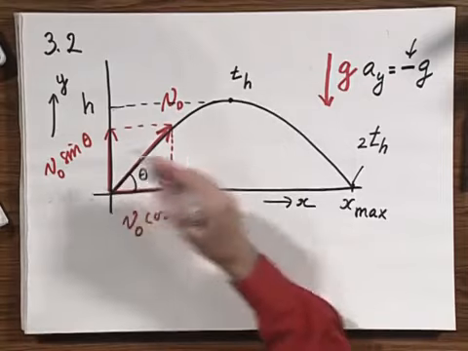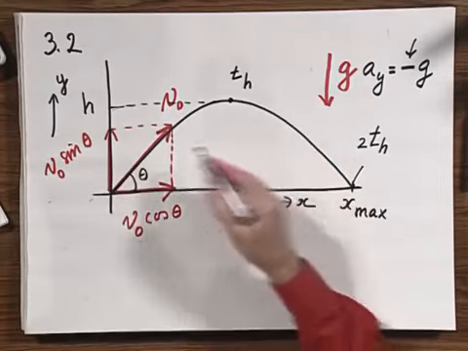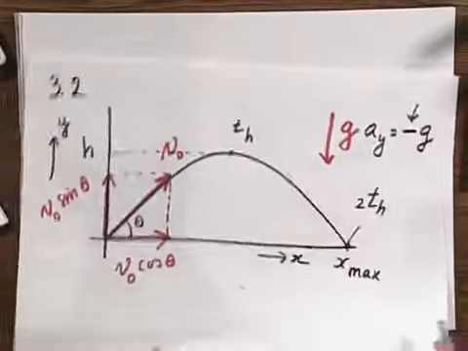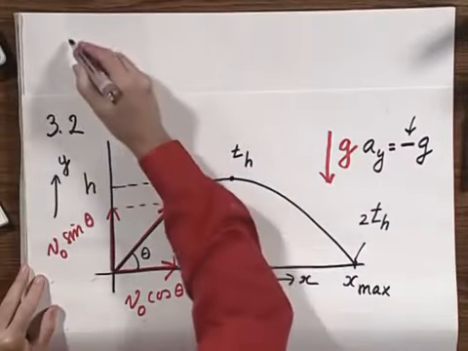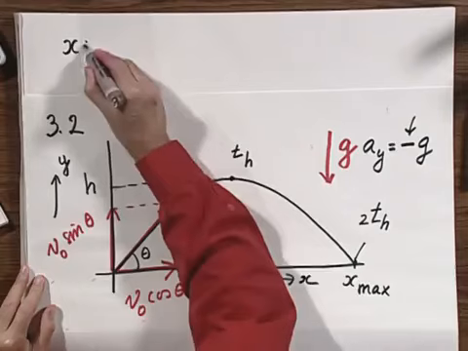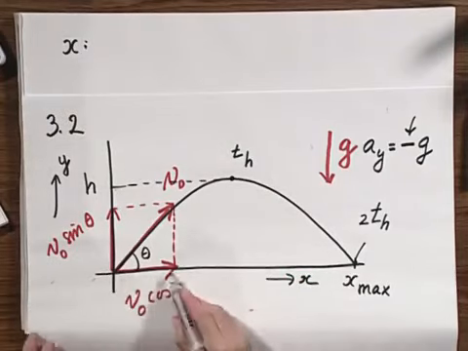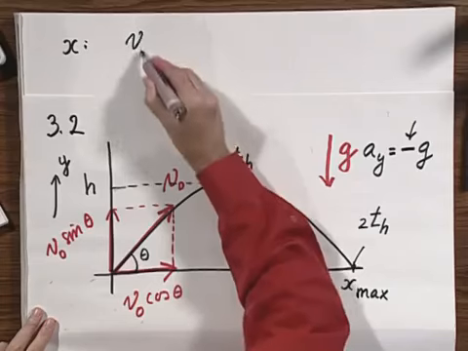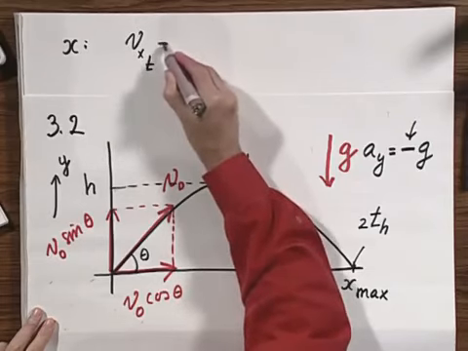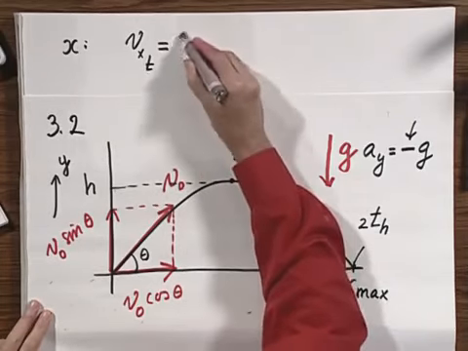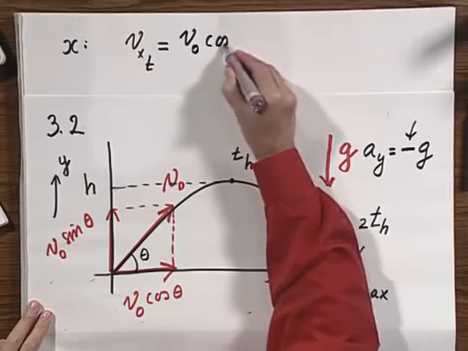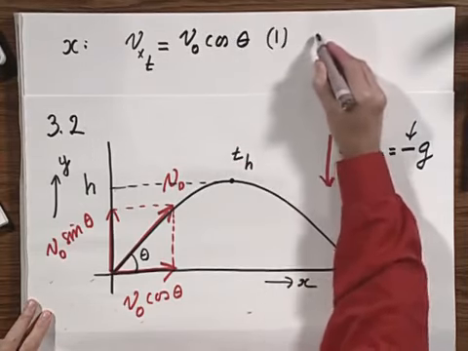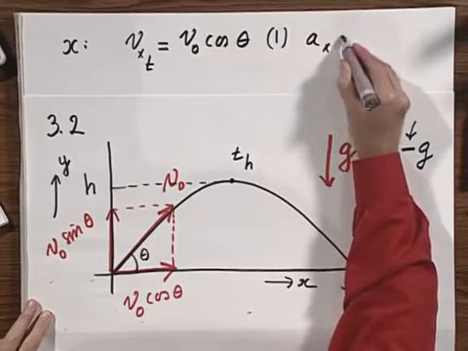I will separate x and y as I have always done, and then you will see that this problem is not all that tough. In the x direction, there is no acceleration, so the velocity remains constant. So v of x, at any moment of time t, equals v0 cosine of theta. That is my equation number 1, and a of x equals 0.